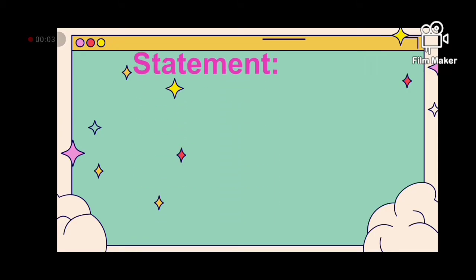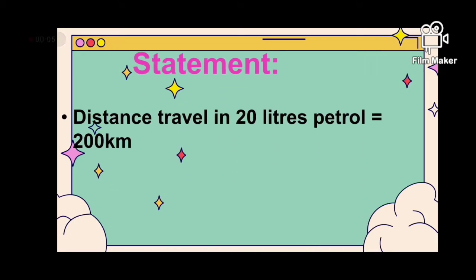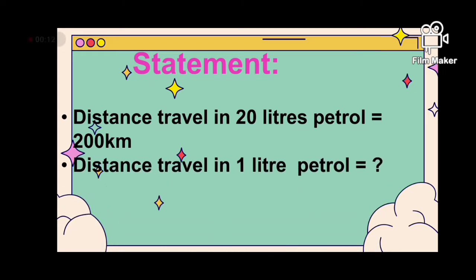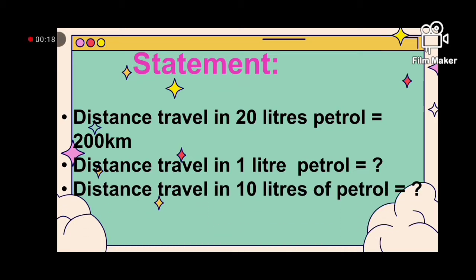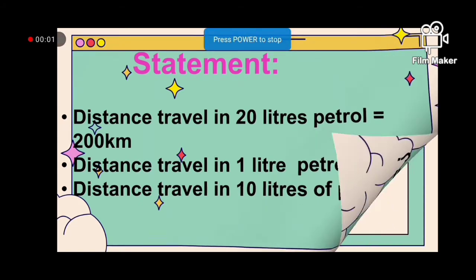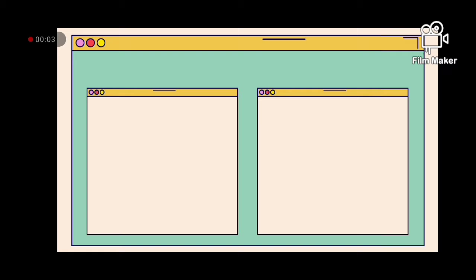In the statement you can see the distance traveled in 20 liters of petrol is equal to 200 kilometers. Now first we will find the distance traveled in 1 liter of petrol, then the distance traveled in 10 liters of petrol. Now let's find the distance traveled in 1 liter of petrol.